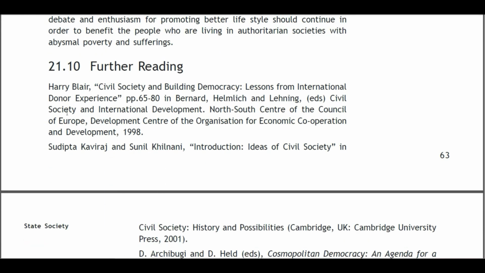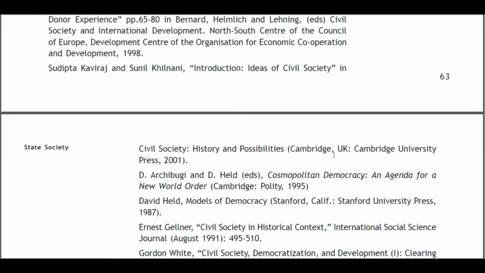21.10 Further reading. Harry Blair, Civil Society and Building Democracy: Lessons from the International Donor Experience. Bernard Hellich and Lenning, Civil Society and International Development, North-South Centre of the Council of Europe, Development Centre of the Organisation for Economic Co-operation and Development, 1998. Sudipta Kaviraj and Sunil Khilnani, Introduction: Ideas of Civil Society, in Civil Society: History and Possibilities.